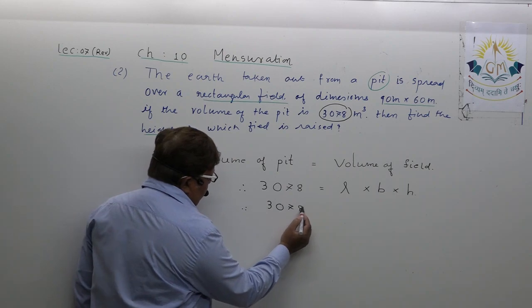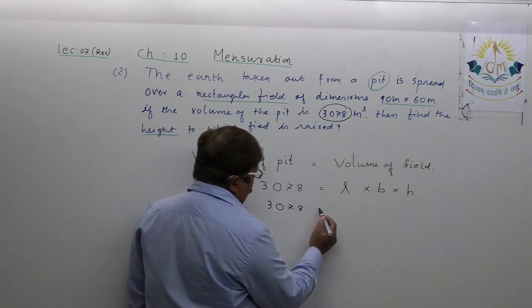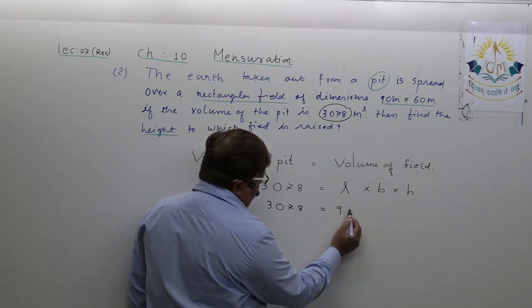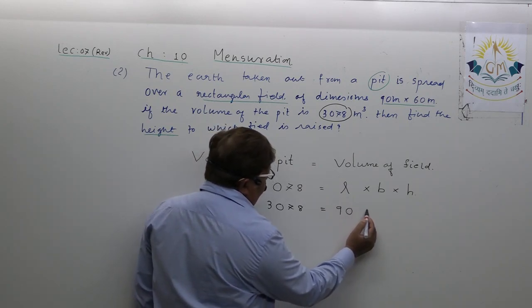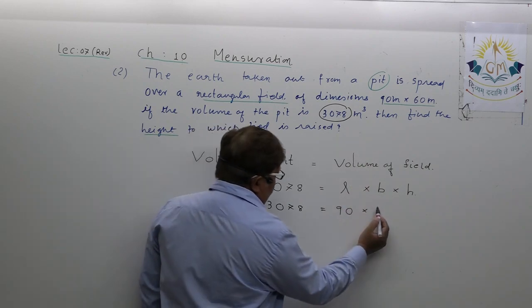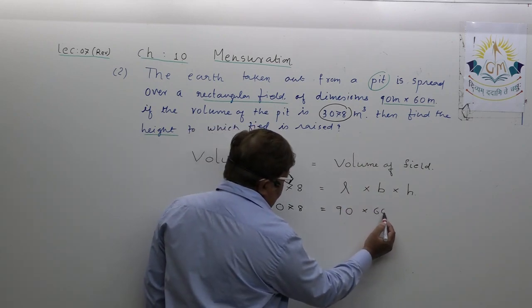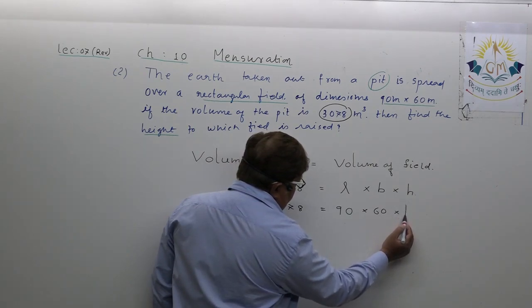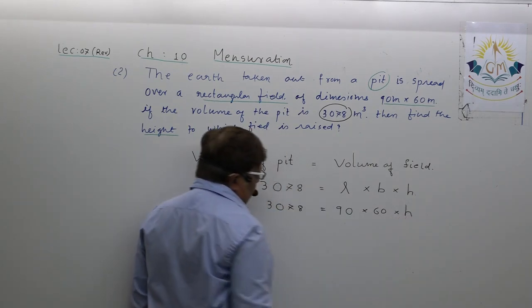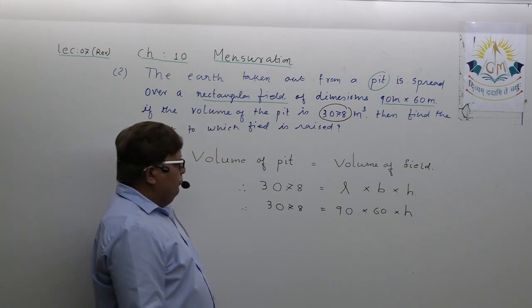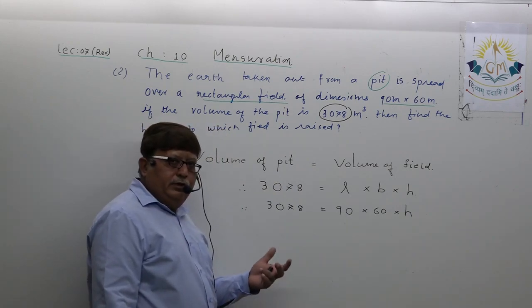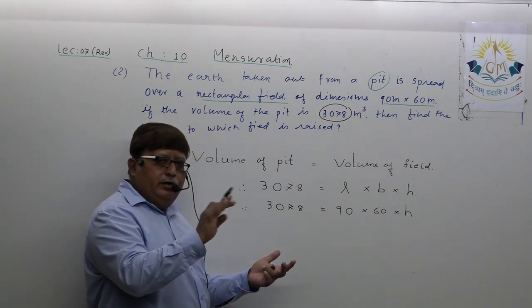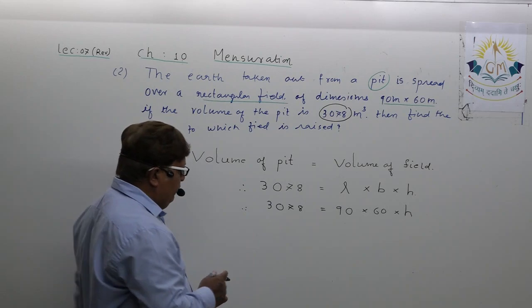3078 is equal to, what is the length given? 90 meter. What is the breadth given? 60 meter. And what you are looking for is the height of the field to which it is raised by spreading the earth taken out from the pit.